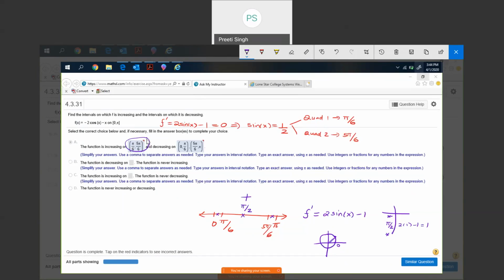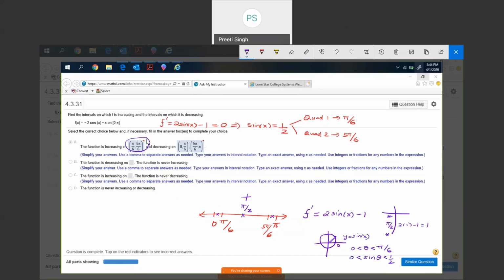The value of y is increasing, and y is your sine x. So if your theta is between 0 and pi/6, then sine of theta is between 0 and 1/2.